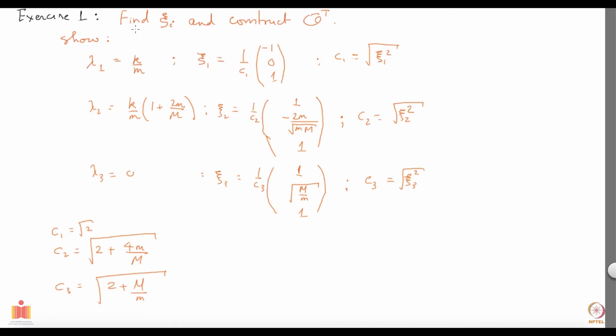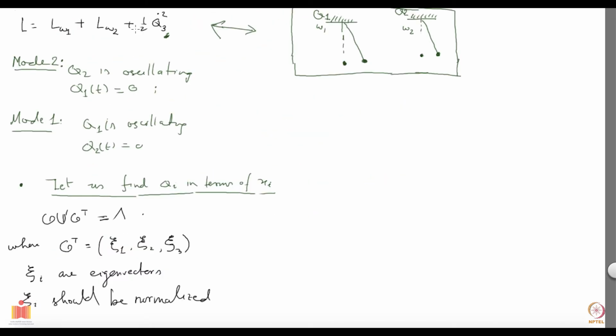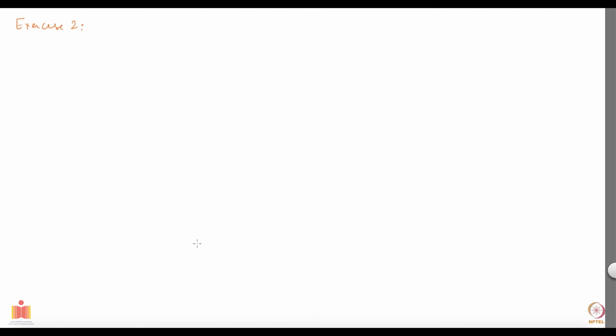Now you have to form O and O transpose, and as I showed earlier, our O transpose is just xi1, xi2, xi3, these three column vectors placed together, and check that when you have placed all these normalized xi1, xi2, xi3 into a matrix, they satisfy this.